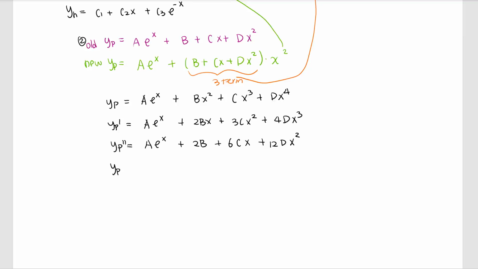Okay, the third derivative of yp is a e to the x, and here the derivative of 2b is 0, and then we have 6c, and here we have 24dx. So far, so good, everybody? Your setup is very important.